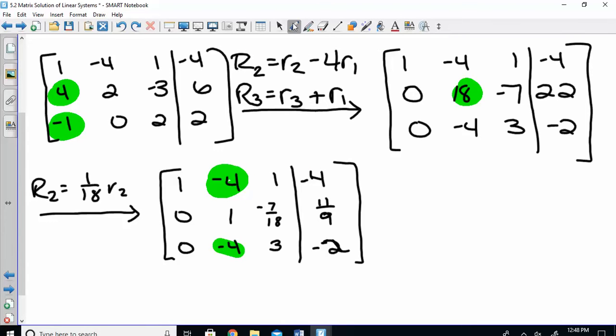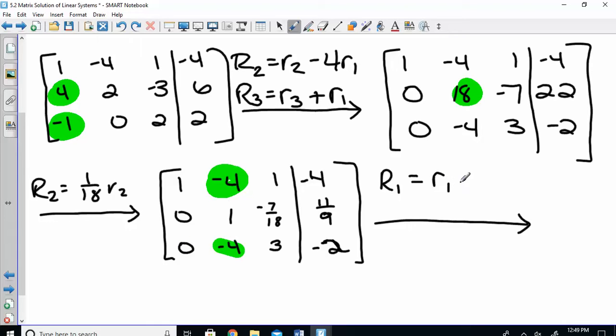Now what do I need? Zeros for both of these. So you could do like row 1 minus row 3 for this first one, but that wouldn't work for row 3 because that would undo your 0.